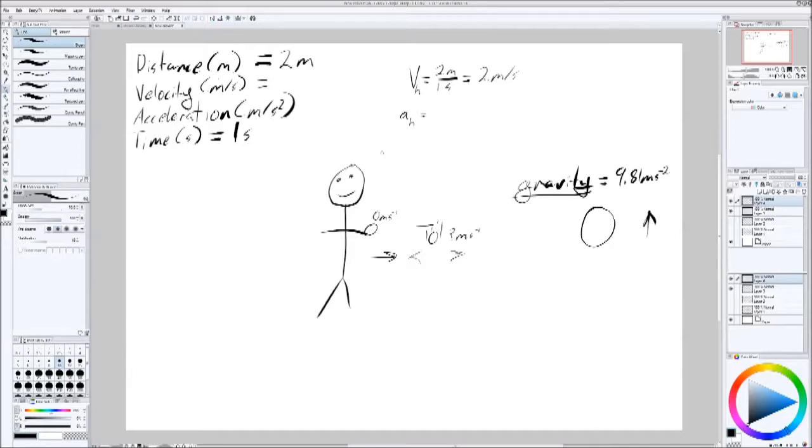So, if there's no friction, there's no air resistance, nothing pushing against it to try and slow it down, that acceleration is going to always be 0. So we have all of the horizontal values, and now the question comes in, so we have time. Is time in any way part of space? Is it in any way a distance?